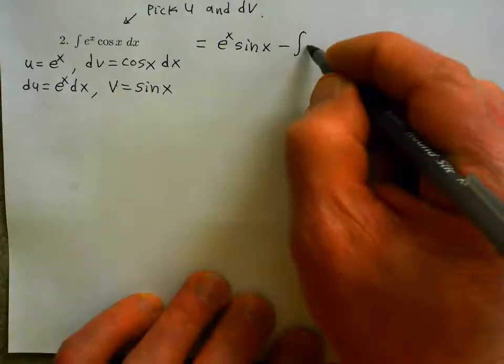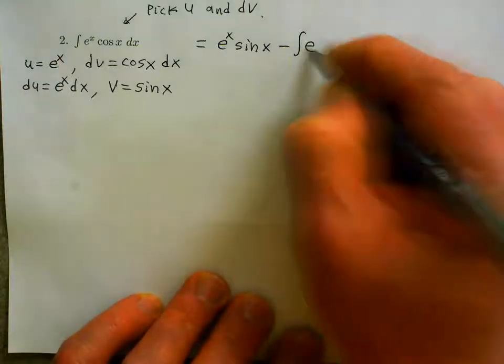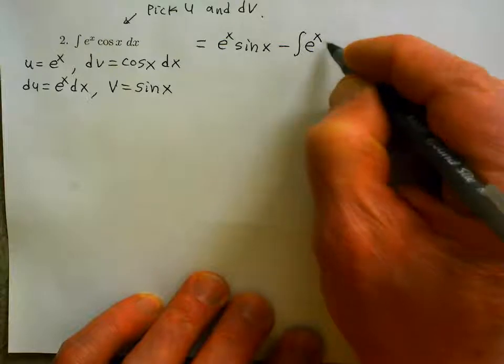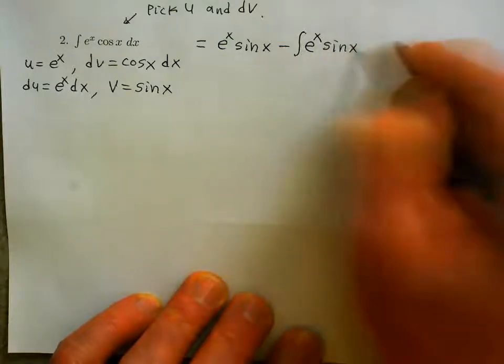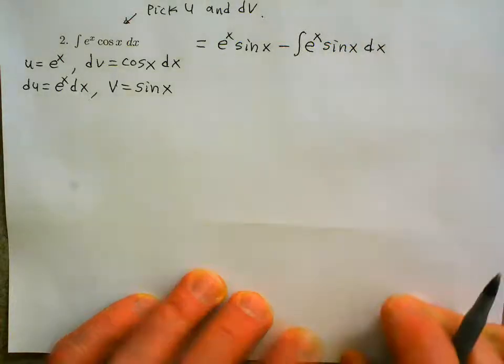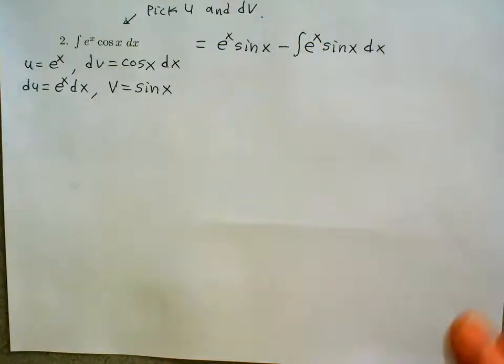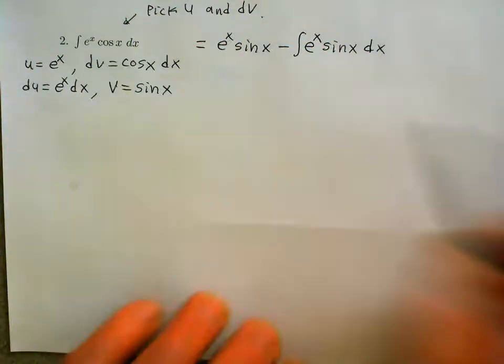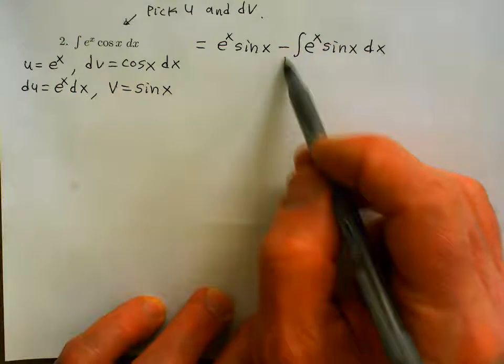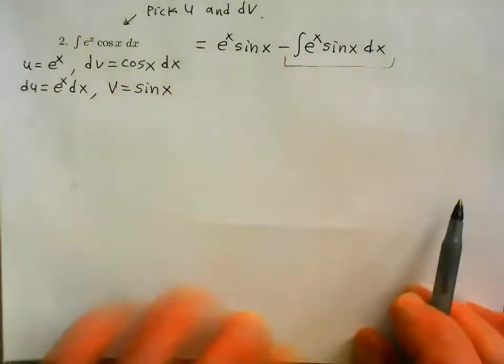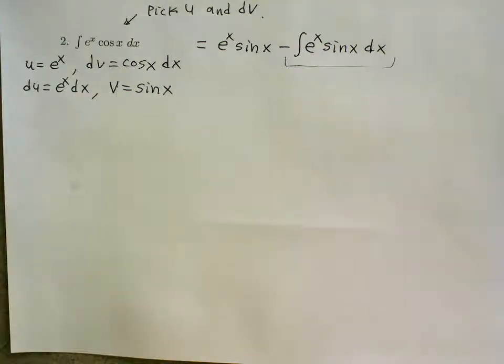But I'll just write it as the indefinite integral of e to the x times sine of x dx. Now we have to evaluate this indefinite integral, the integral of e to the x sine of x dx.